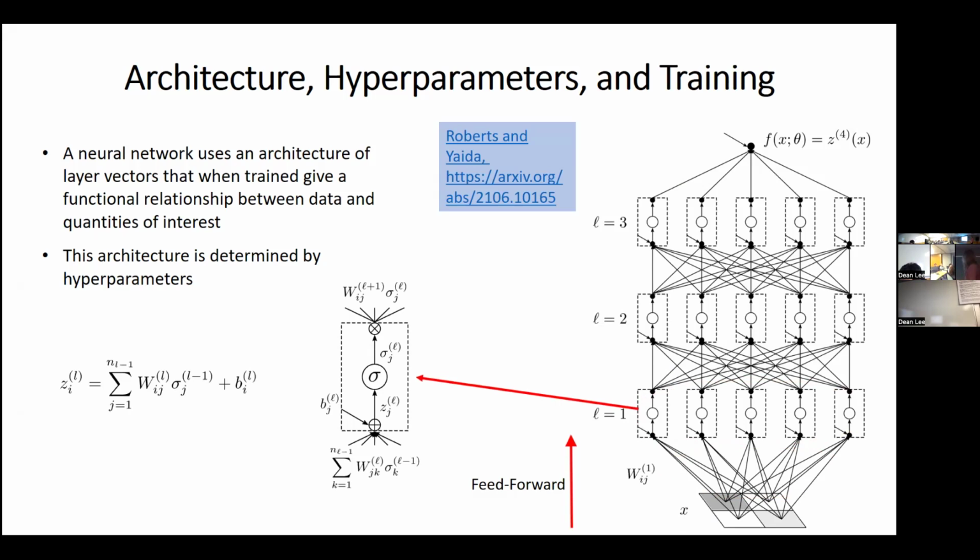Essentially the matrix multiplied input has a bias, which is another vector of random numbers, added to it, which then gives us what's known as a pre-activation Z. That gets acted on by an activation function sigma, which then passes another output to the next several layers and continues on this until we get a final output.